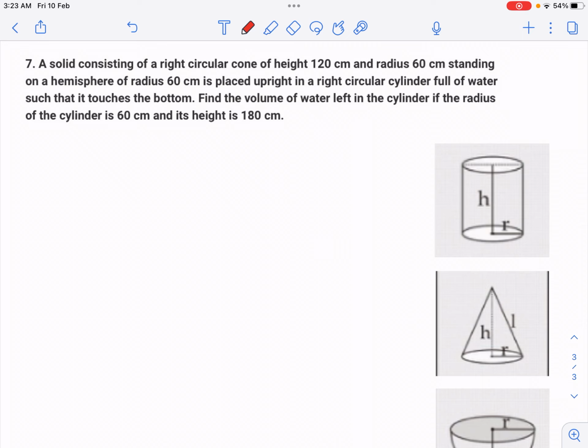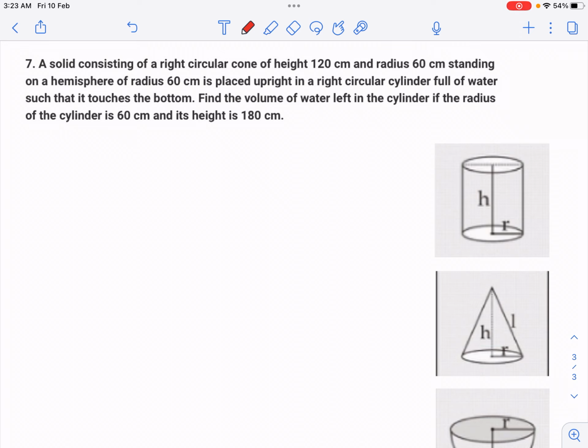The first step, we need to try and draw the shape described in the question to have a better understanding of the question. So we are going to dissect the question part by part. To start with, it's written there, a solid consisting of a right circular cone. So the first shape we have is a cone of height 120 cm.